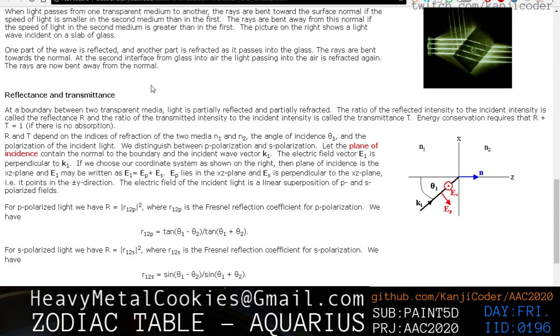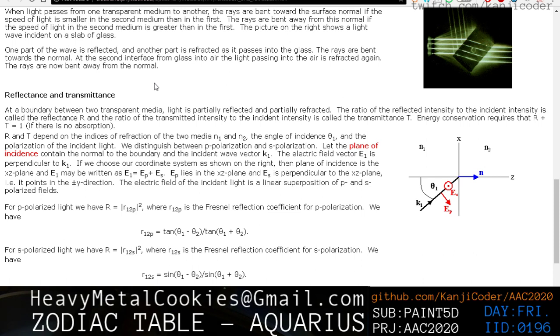Reflectance and transmittance. At a boundary between two transparent media, light is partially reflected and partially refracted. The ratio of reflected intensity to the incident intensity is called the reflectance R, and the ratio of the transmitted intensity to the incident intensity is called the transmittance T. Energy conservation requires that R plus T equals 1 if there is no absorption.